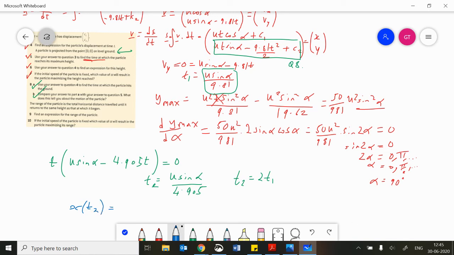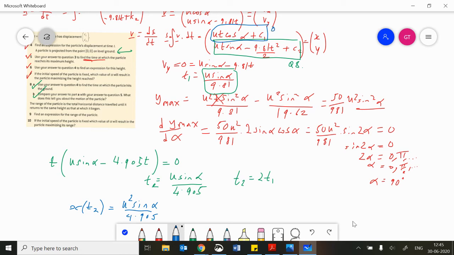We know that c1 is equal to 0, so we're going to have u lots of this thing here. So that's going to be u squared sine alpha over 4.905. I'm putting into this section here, and we know that c1 is equal to 0.